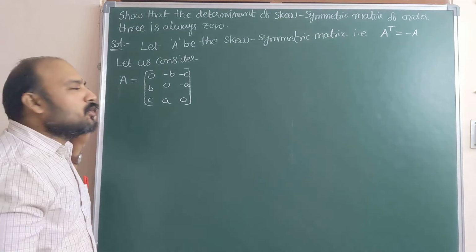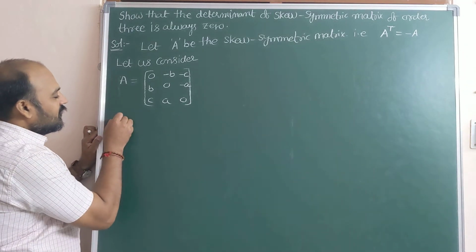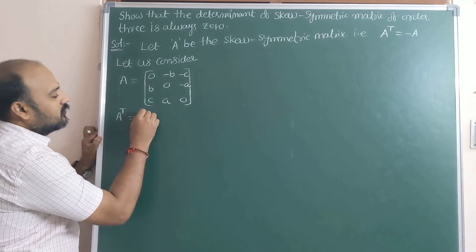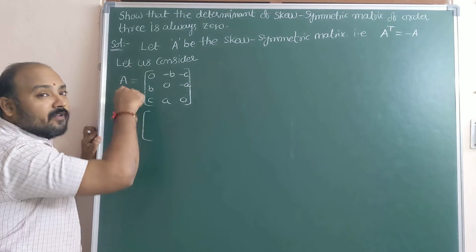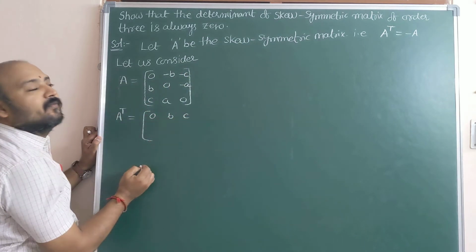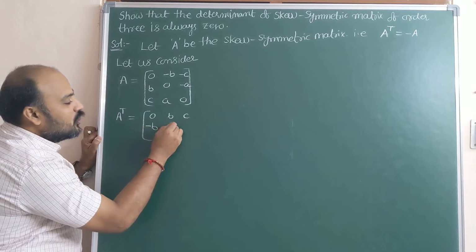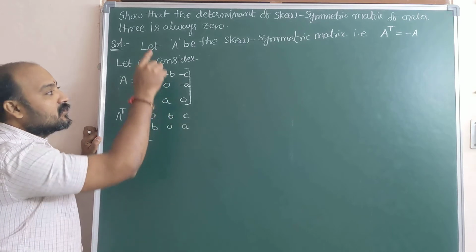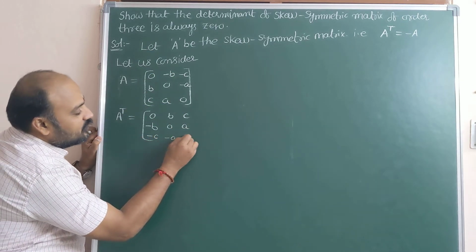Once, if you want to check, you can check it. Just I will verify. A transpose. Transpose means the first column will become the first row. So 0, B, C. The second column will become the second row. Minus B, 0, A. The third column will become the third row. Minus C, minus A, 0.